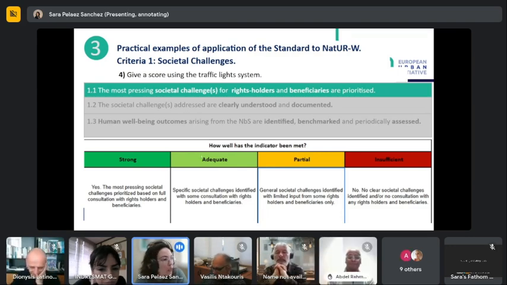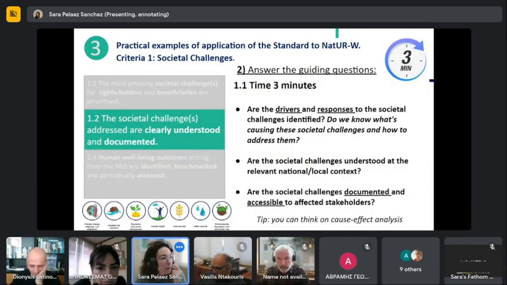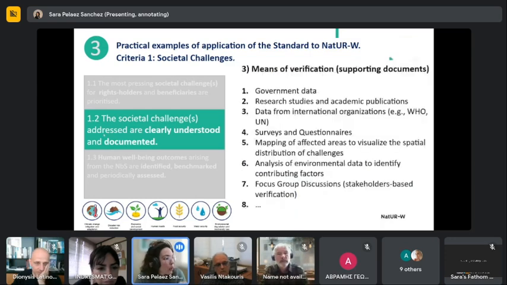We are running out of time, but I just want to present that the same mechanism that we did for indicator 1.1, you can do for 1.2 and 1.3. If you want to take a look at this presentation when it's available, I will upload it to the shared folder, to the drive.